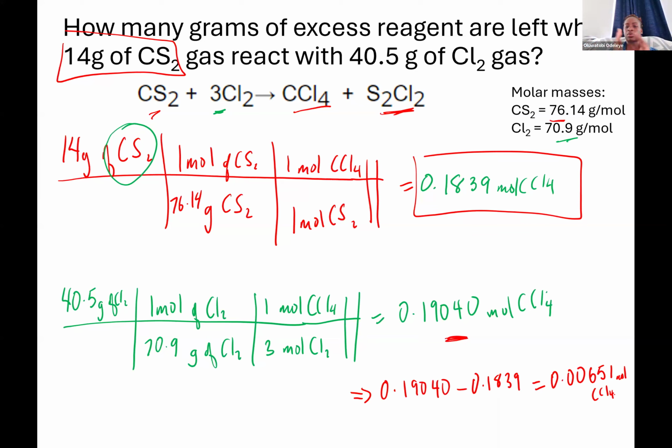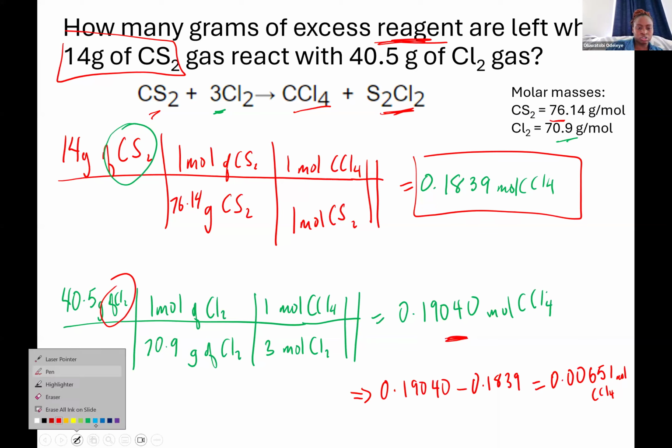And so now I'm going to work backwards, because the question is asking me for how many grams of excess reagent are going to be left. If I know moles of the product that are going to be left, now I'm going to go from moles of the product to moles of my excess reactant. In this case, I figured out that my excess reactant is Cl2.